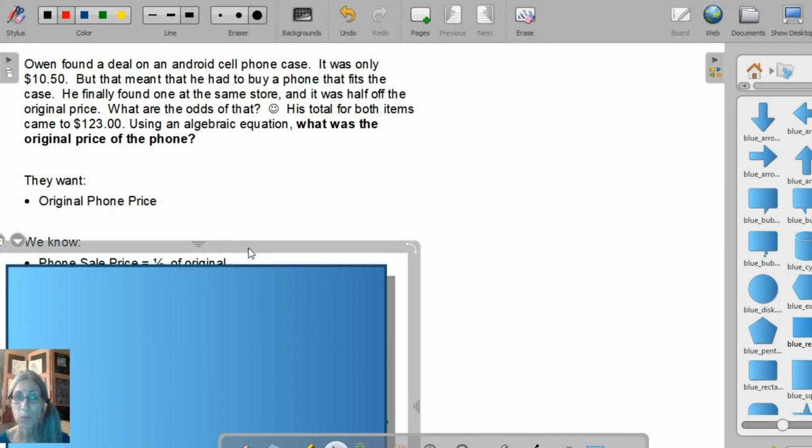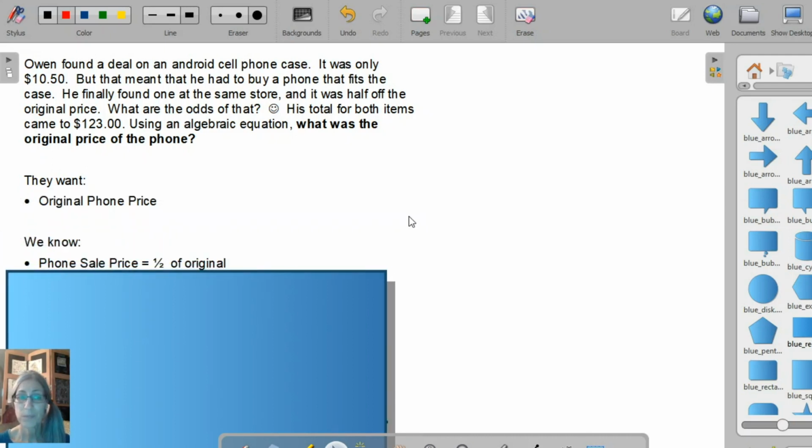Well, we know that the phone sale price was half of the original, and that is up here. He found one at the same store, and it was half off the original. And what else do we know?